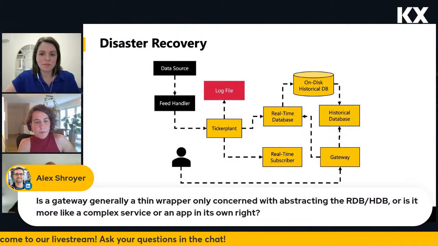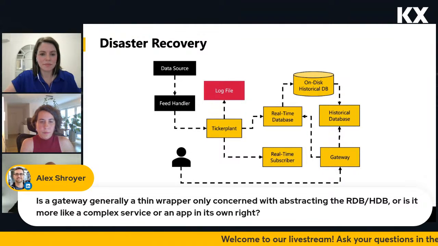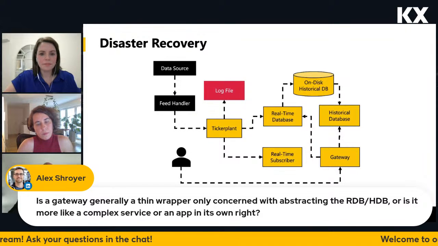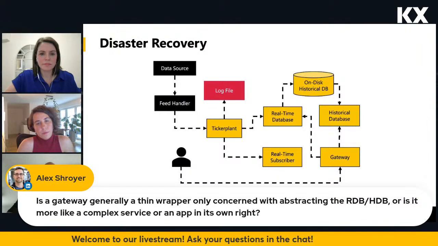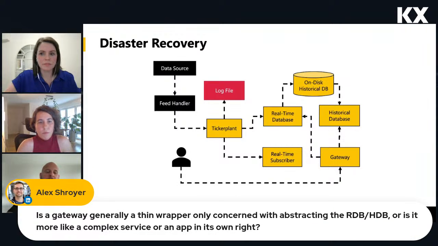Yeah, I think I can go for that one. So basically, if you look at the architecture on the screen that Michaela has put on there, every yellow box is a KDB process on its own. So I wouldn't say they are an app, because to me an application would be the full system. But it's more an independent service, and it's also more than just a wrapper around an RDB or an HDB.